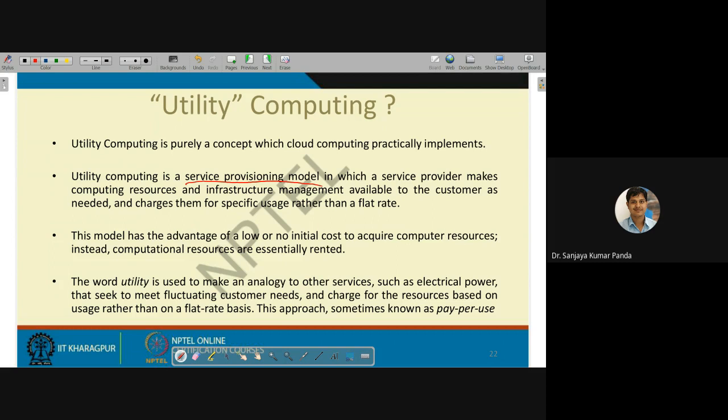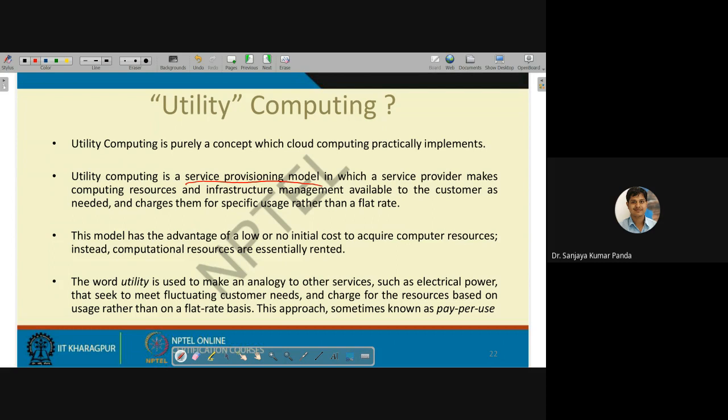So when you have low initial cost, in such cases you can go for utility computing. You subscribe to the cloud, and you can pay on a per month basis or per week basis, as per the plan decided by the user and the customer. And you can acquire the computer resources, maybe network, bandwidth, storage, anything that you need, but there is no need to purchase any infrastructure. The way we purchase a laptop or desktop, such a requirement is not there when you go for utility.